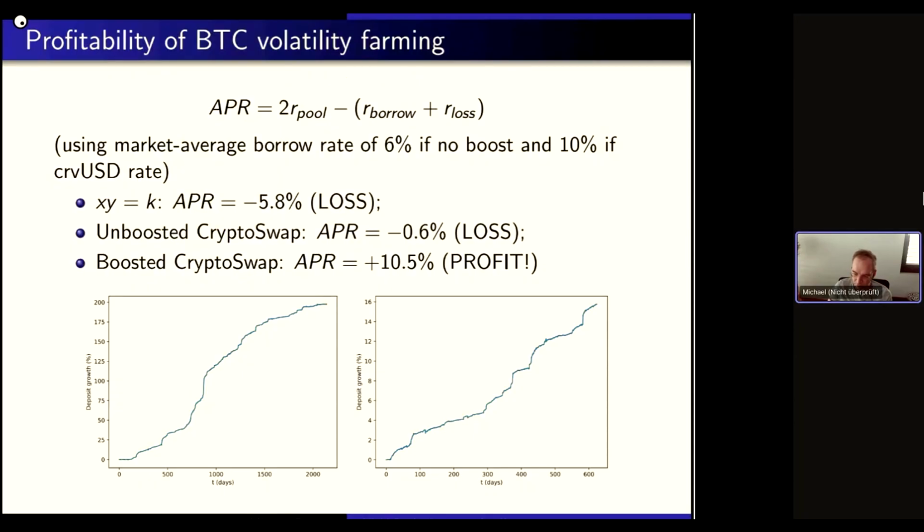So it appears that if you applied it to the range which I just mentioned, 2023 till end of October 2024, the APR here is around 10%.